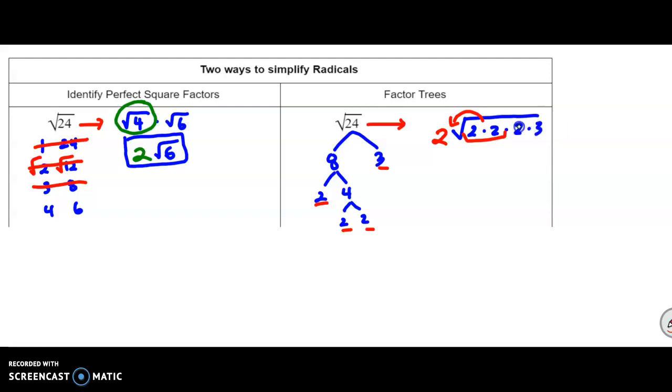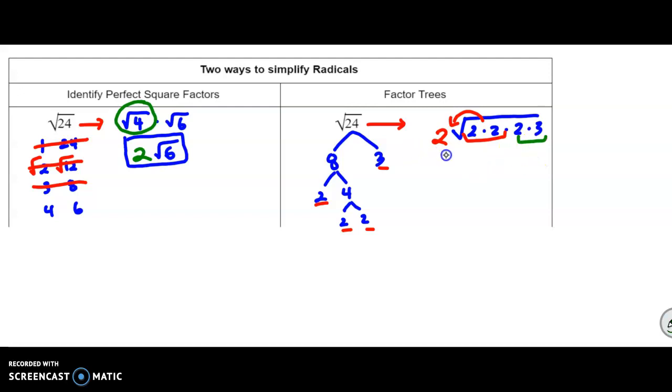But this 2 is by itself, and this 3 is by itself, so there's no other 2, there's no other 3 to pair up with, so unfortunately they're stuck inside, all right? And so these guys just multiply to each other. 2 times 3, we know that's 6.